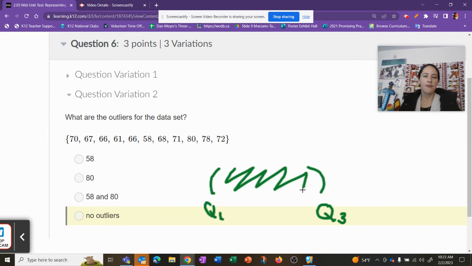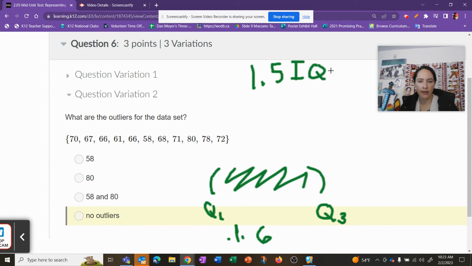If we take this and find the range, a reasonable outlier would be 1.5 times the IQR, the interquartile range.